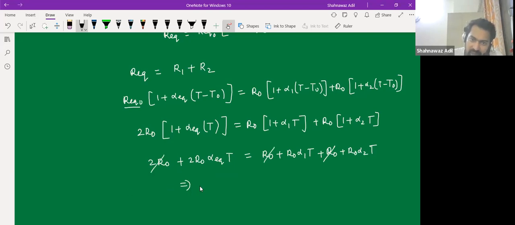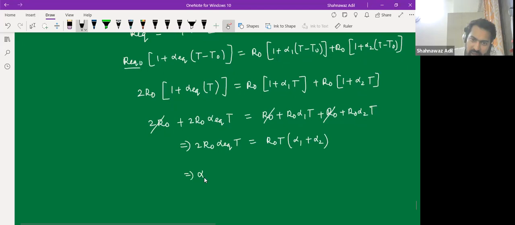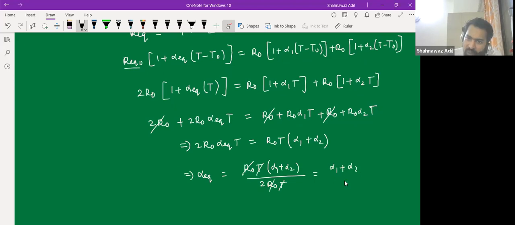So I have 2 R naught alpha equivalent T equal to, I can take R naught and T common, so this is alpha 1 plus alpha 2. Then alpha equivalent would be R naught T (alpha 1 plus alpha 2) divided by 2 R naught T. So this part will cancel out and we have alpha 1 plus alpha 2 by 2.